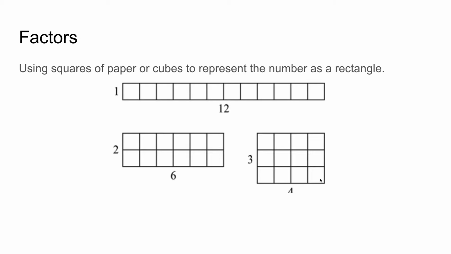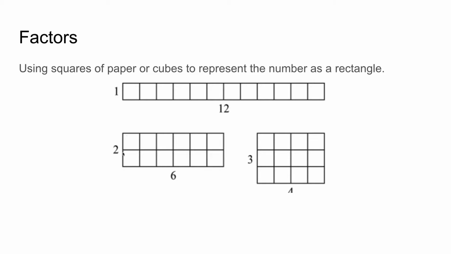All right, so let's think about the factors. When you have a number such as 12, how can we make an area that makes 12? Well, if we have 1 by 12 squares, that makes 12 square units, whatever that unit is, right? That's not the only way to make 12 as an area.